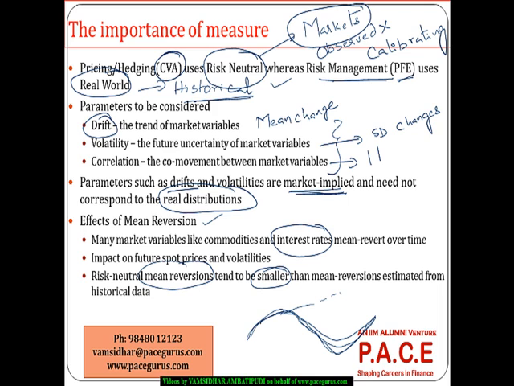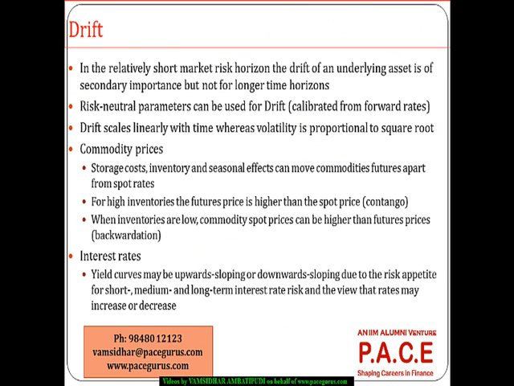Mean reversions will not happen over that long a period. Mean reversions are in a very small range. But if I am taking them from the historical data, I may see that the mean reversion range could be much lower. Sorry, much higher. Now this is where we have to differentiate what kind of measure I would be using in what situation.